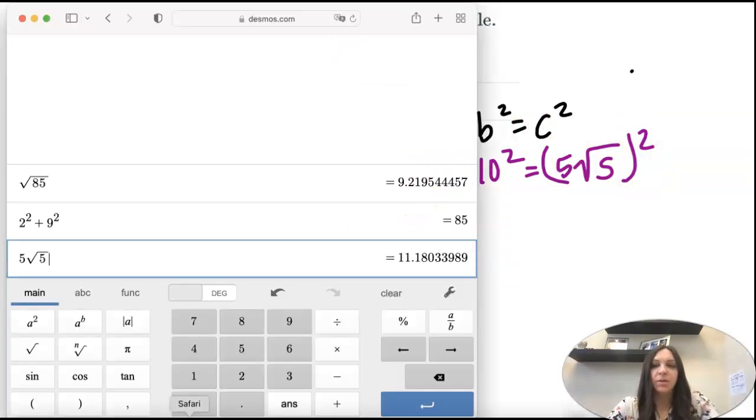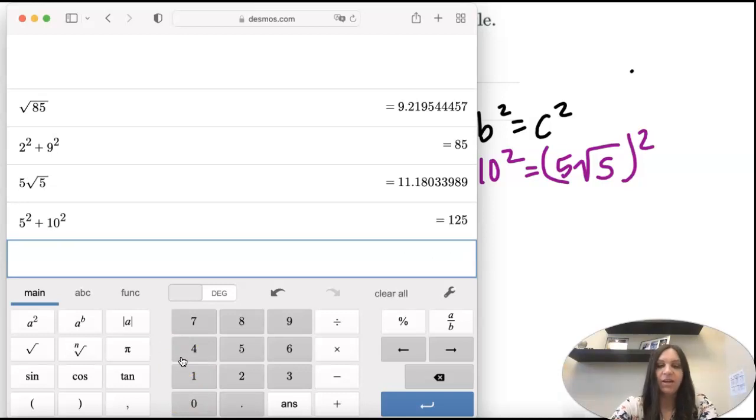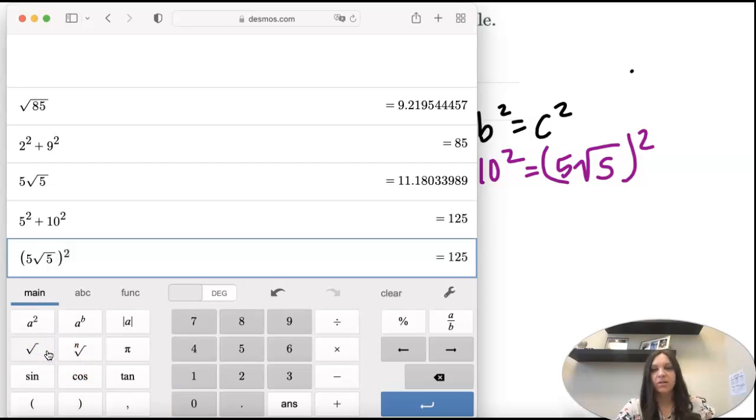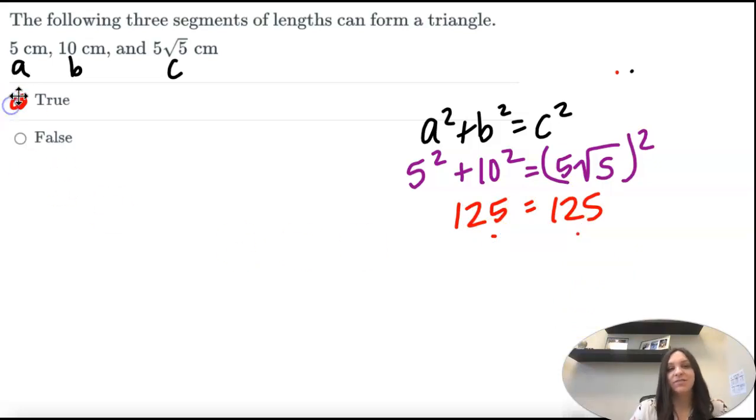I'm going to type it in. 5 squared plus 10 squared is 125, and 5 square roots of 5 squared is 125 as well. So we keep getting true answers. Sorry, I was hoping to get a false. Because these are the same on the right and left, it's true.